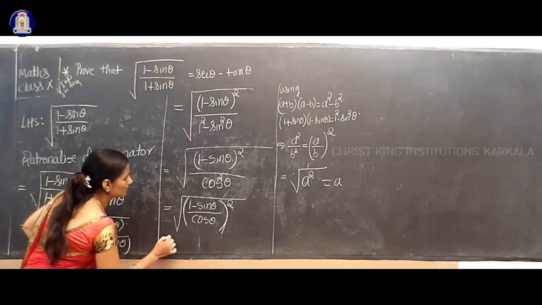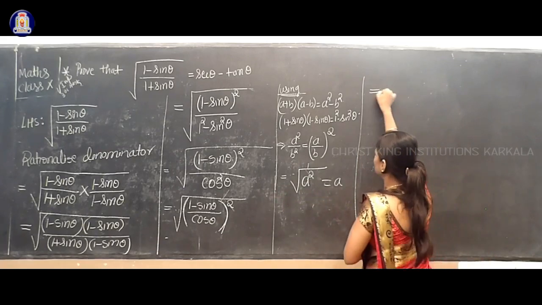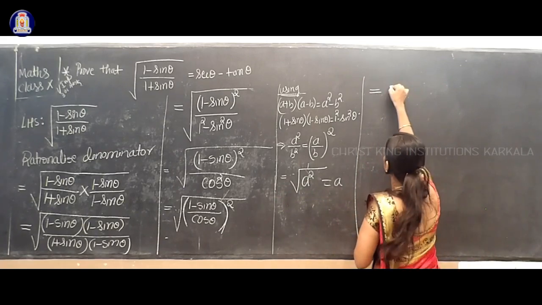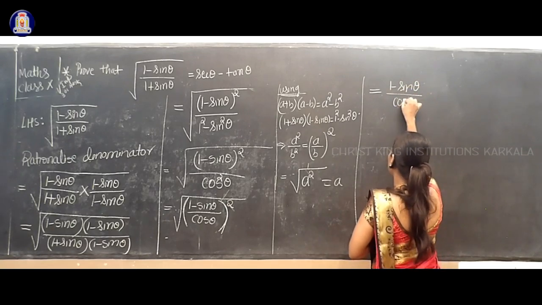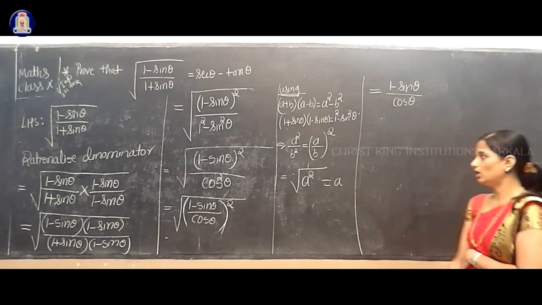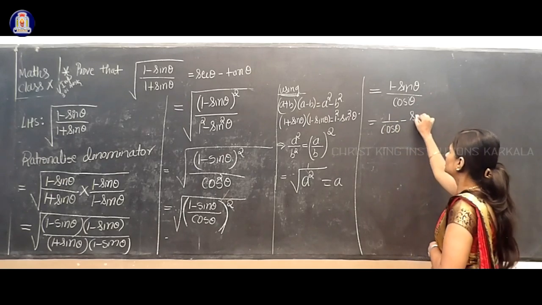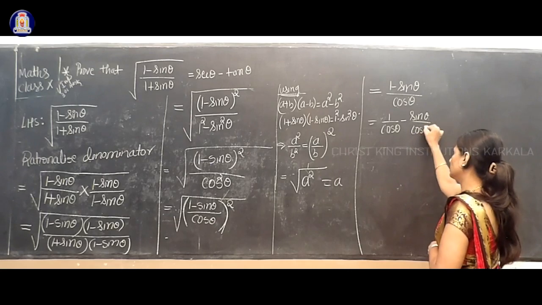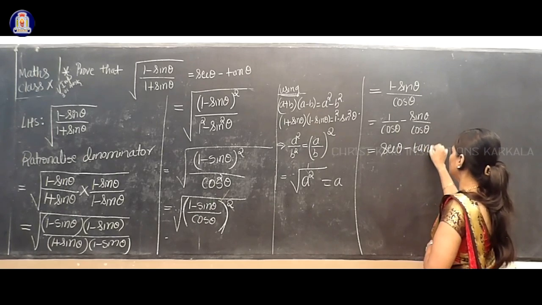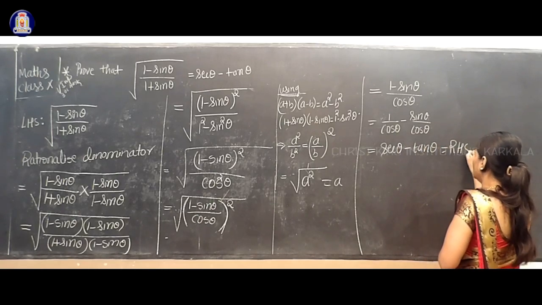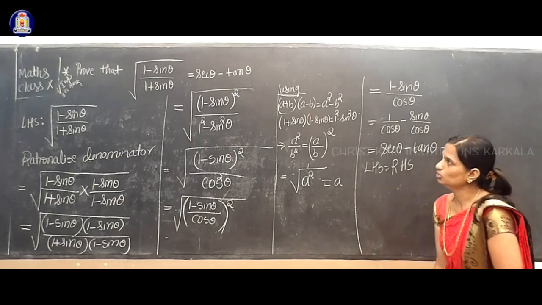So now what is left here? This is by the side of your notes. Next, what is left? That is equal to, square and square root cancel, right? It is equal to the RHS.